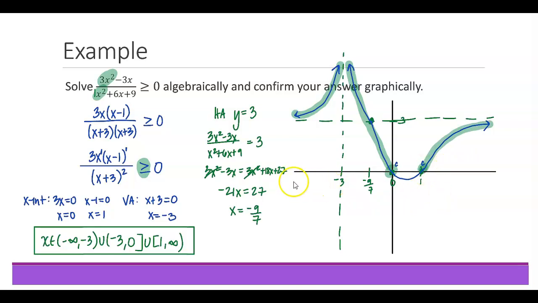So it takes more effort to graph it in order to solve the inequality than it does to just create a sign chart, because we only needed the x-intercepts and the vertical asymptotes to create a sign chart. But to get a good enough graph, we did need some more information. So creating the sign chart on a more complicated function is going to be less work than graphing the function to read the graph for when I am above or below.